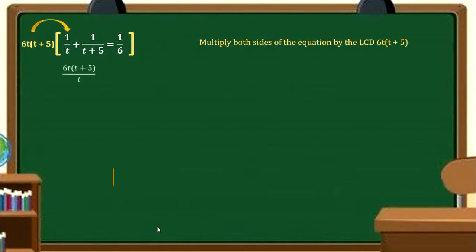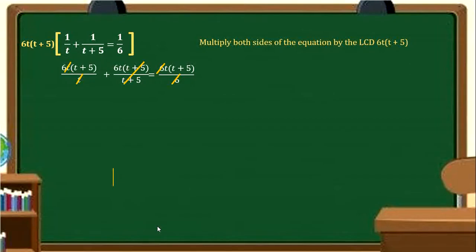Okay, so magiging 6t times t plus 5 over t, and then plus 6t times the quantity t plus 5 over t plus 5 equals 6t times the quantity of t plus 5 over 6.